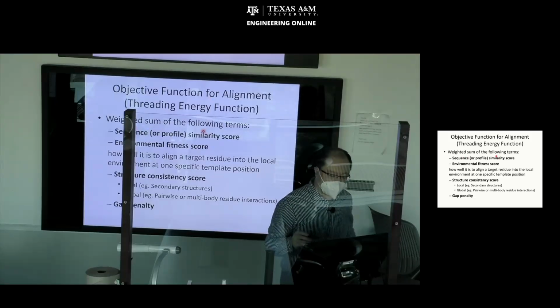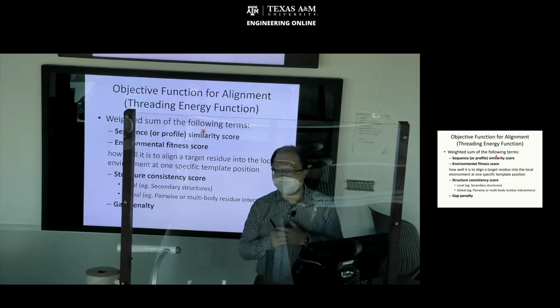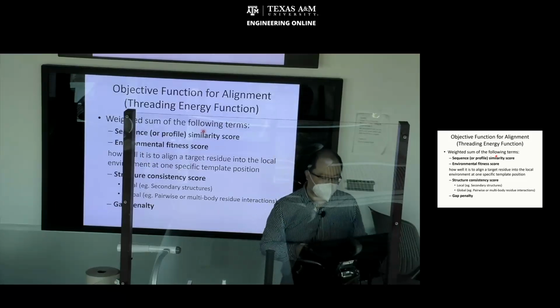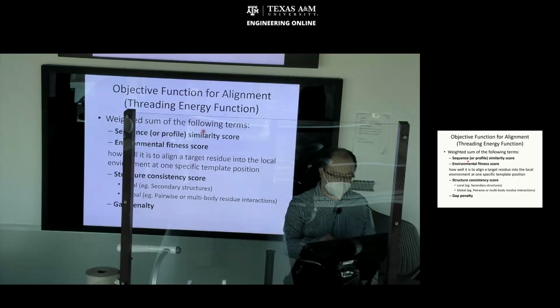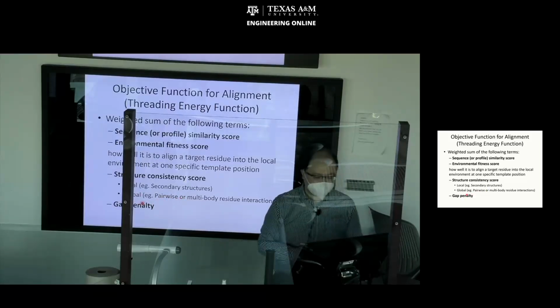Again, we are summing over all the aligned positions. For each aligned position, we can do a weighted sum based on the sequence or profile similarity, or the environmental fitness score, or the structure consistency, like whether the secondary structures or the contacts are preserved. And then we can also have a gap penalty, like what we do in sequence alignment, okay?